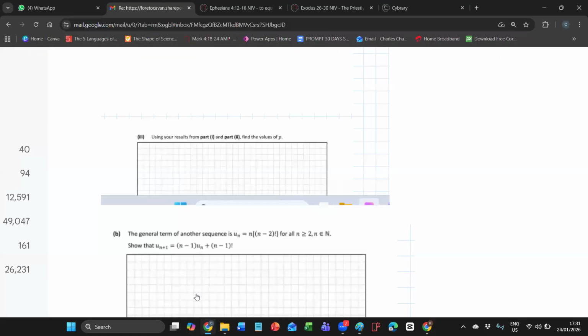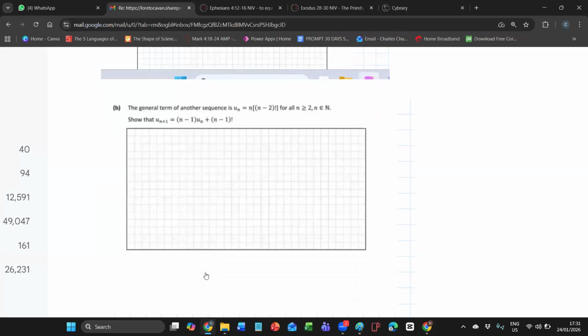Okay, so let us move on to the next question. The next question says the general term for another sequence is U_n equals n factorial times (n minus 2) factorial, for all n greater than or equal to 2, and n is an element of the natural numbers.